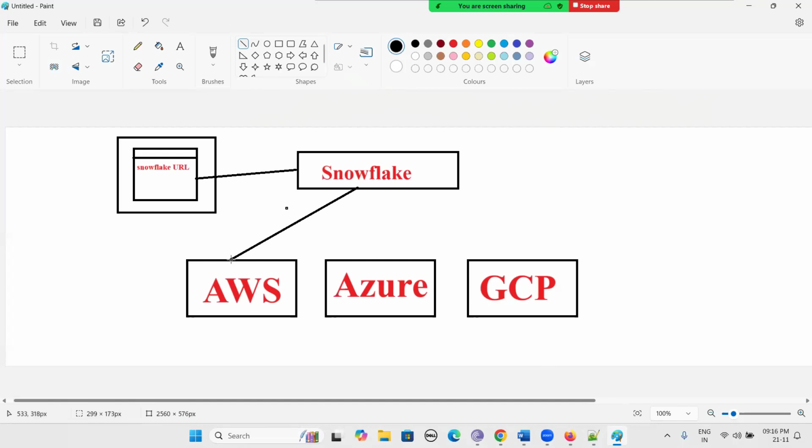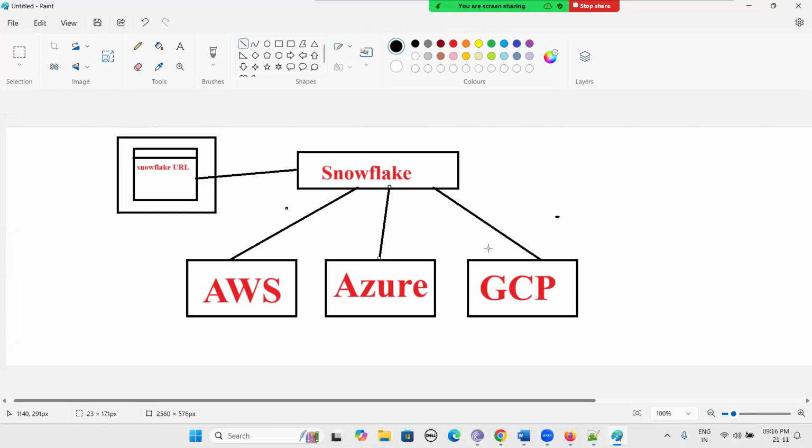You can choose AWS, GCP, or Azure Cloud. The cloud may be AWS, Azure, or GCP, but the functionality is the same and the performance is the same. You cannot see any difference with the different clouds.